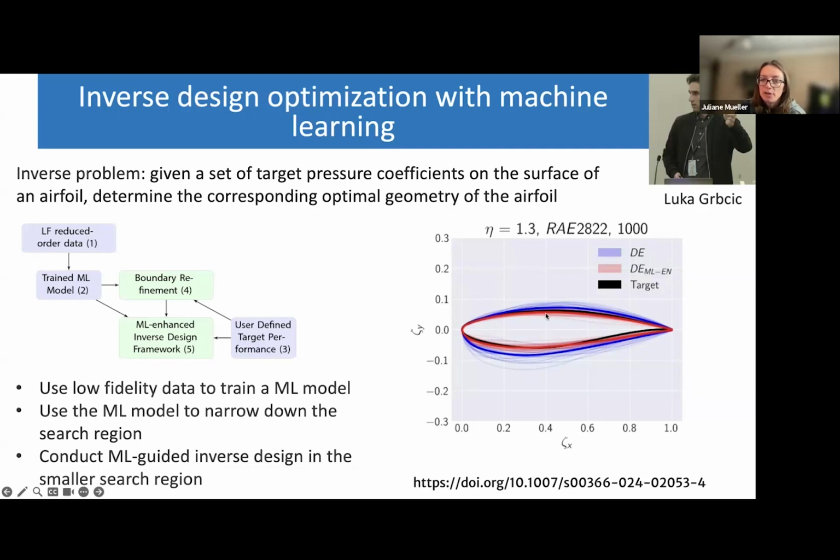The red curves are realizations of this algorithm. So you can see the machine learning enhanced algorithm, we get really close to the ground truth that we try to recover. And in blue is just a regular differential evolution algorithm. It looks pretty good, but you can see the spread of the solutions is way further, and it's not quite as accurate as the one that we got with the machine learning enhancement.